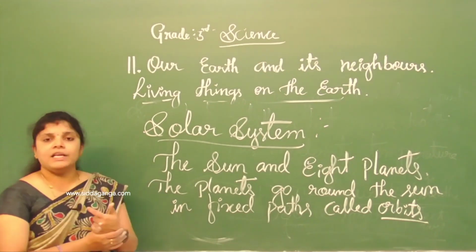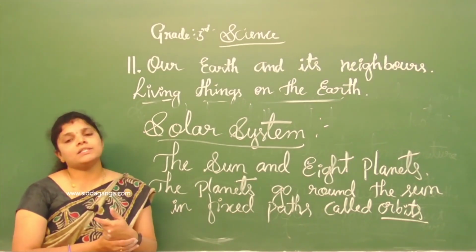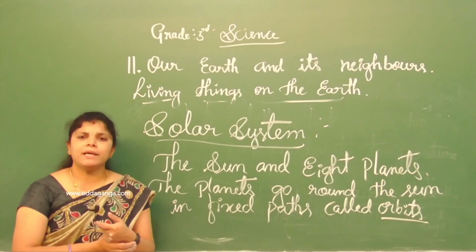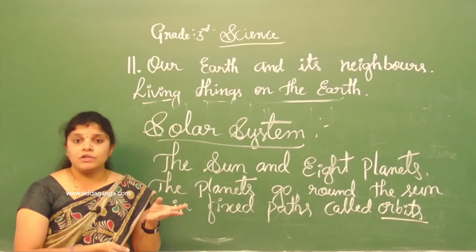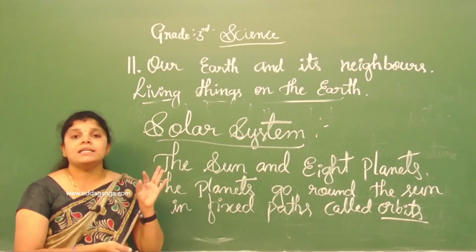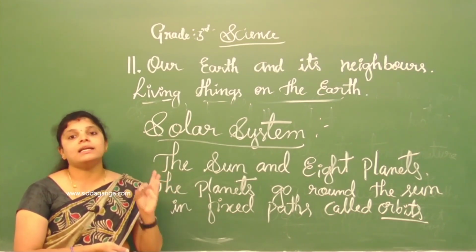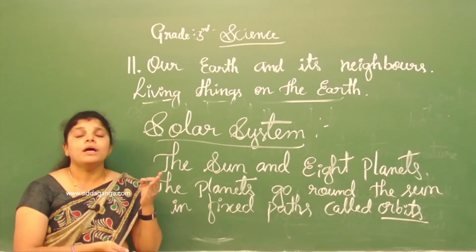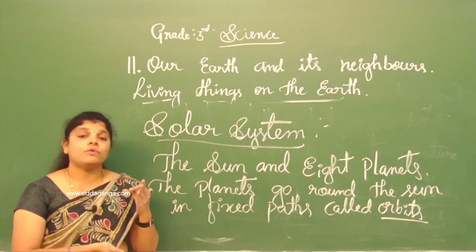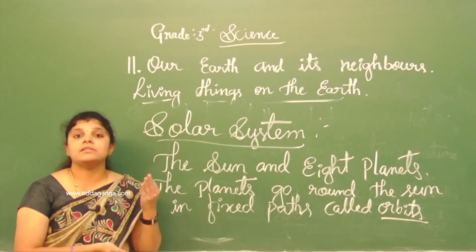Okay, yes. You know, living things exist on the earth. Why? Because of many reasons. The first reason is that it has a large quantity of water and it has a thin layer around it called atmosphere. So we know, see, we need air to breathe, not just we, all the living organisms need air.